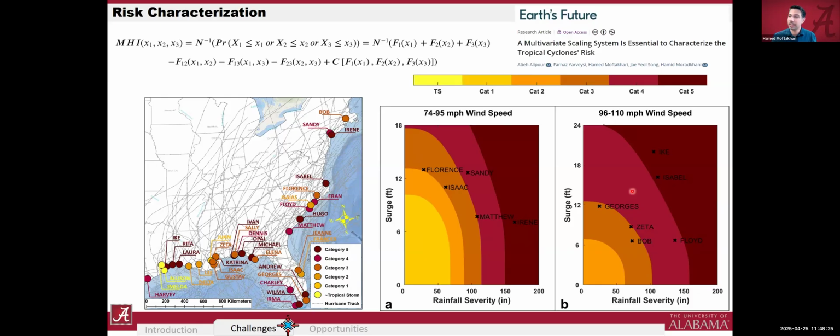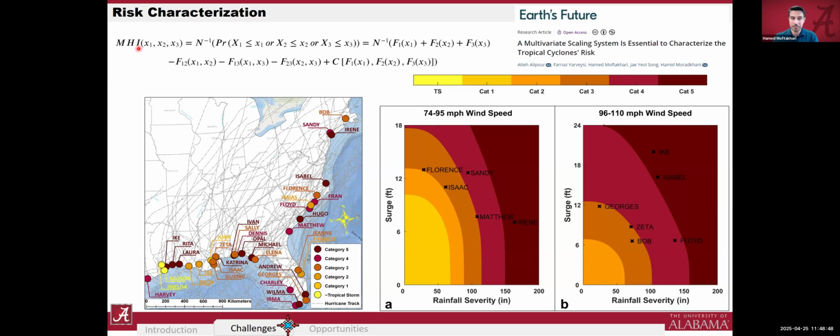That could lead to mischaracterization and miscommunication to the communities. In this paper, we explored how including rainfall and surge into one index that we named the multi-hazard index could help better characterize these tropical cyclones, not just based on wind, but also other factors that are involved.